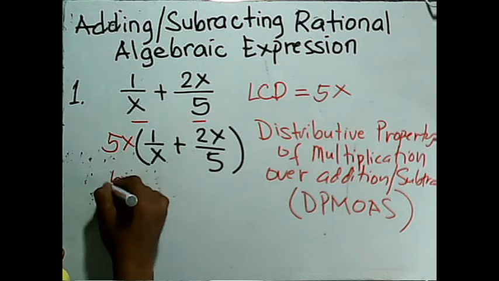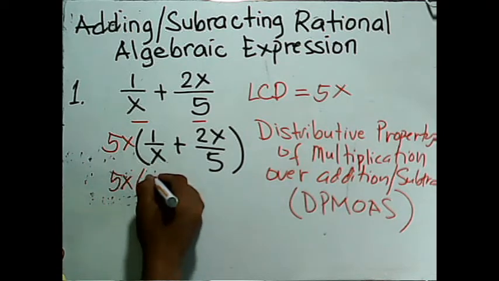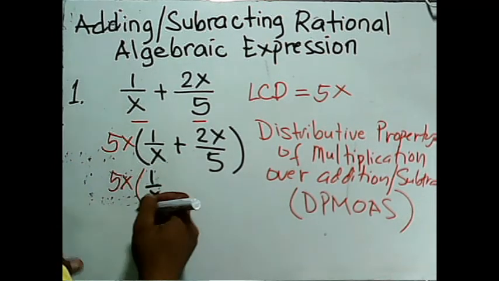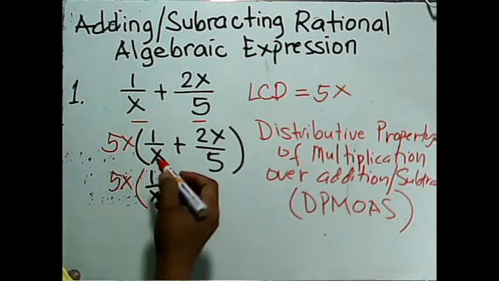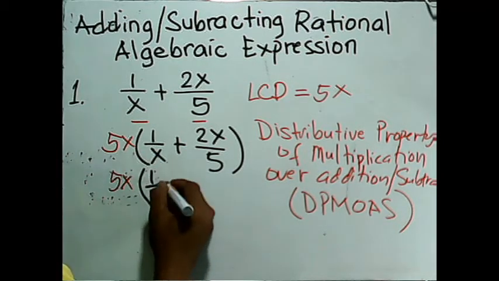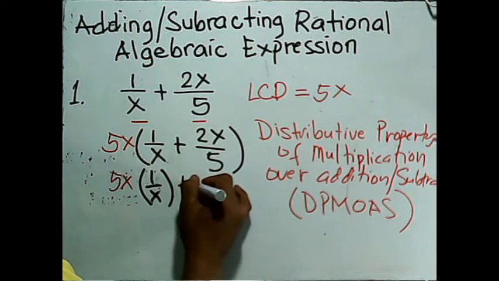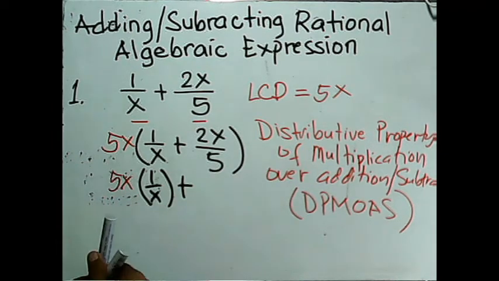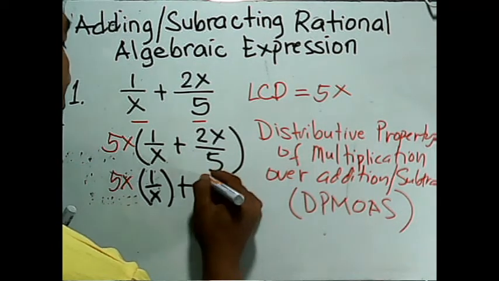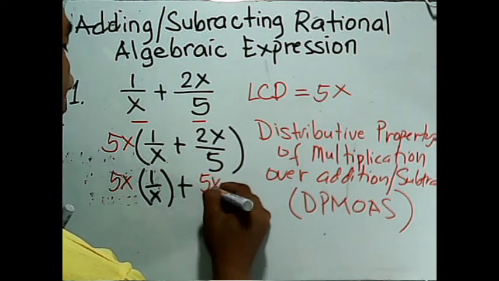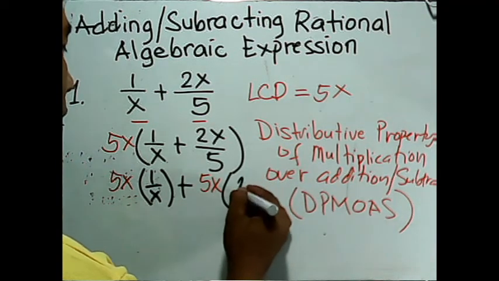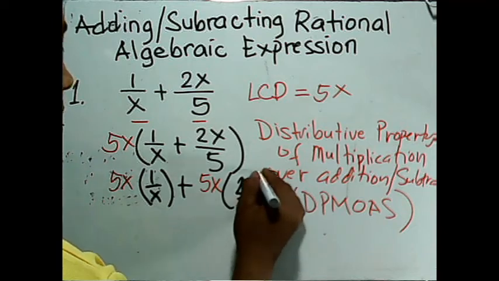So this will become 5x times 1 over x plus 5x times 2x over 5.